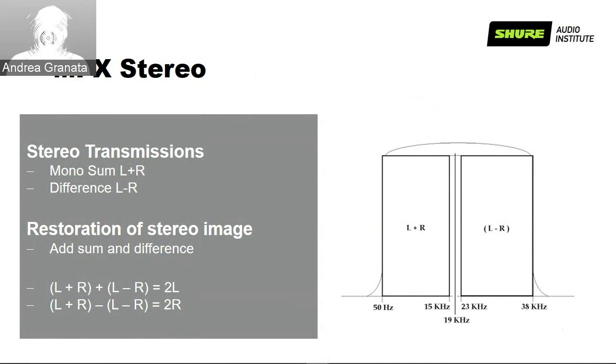Restoring the stereo image gives us a benefit in terms of dynamic range and signal to noise ratio. The only limitation is the frequency band in terms of audio. There is a brick wall filter at 15k, which means that we lose all the super high frequencies.